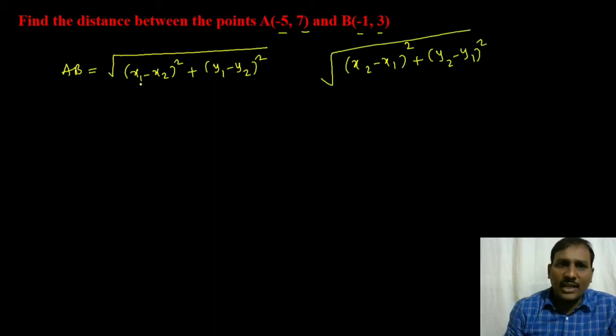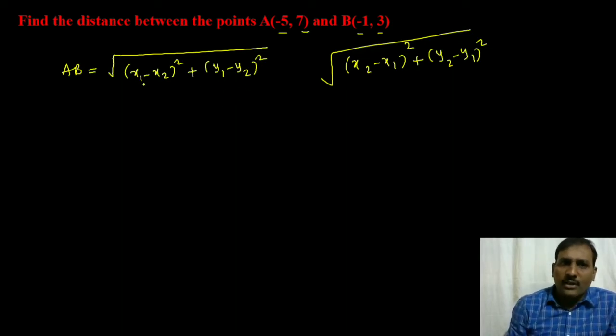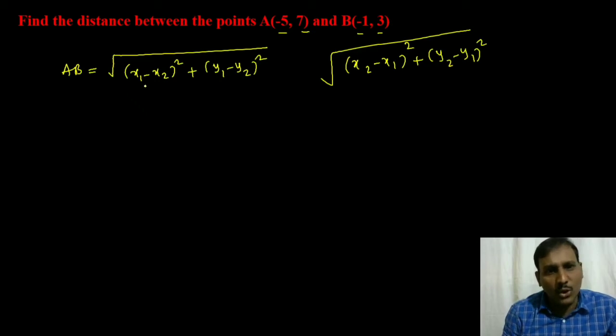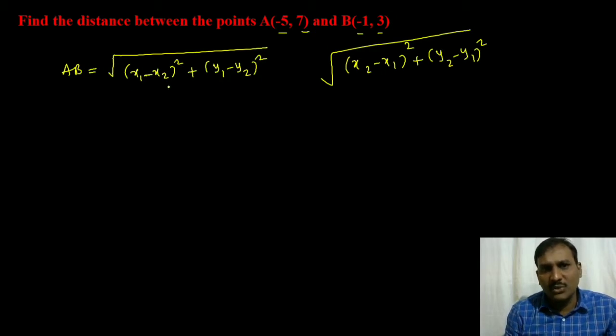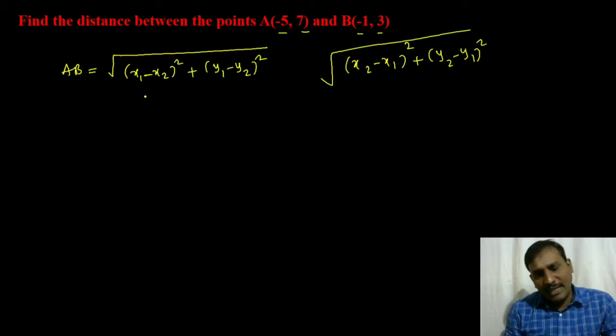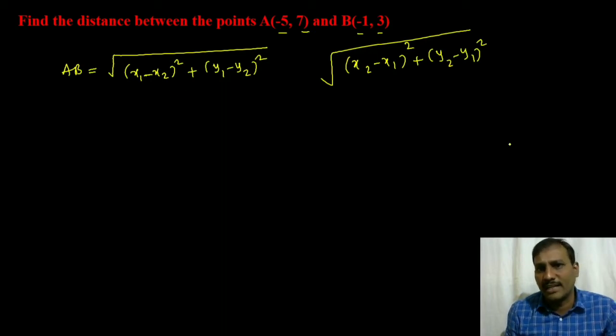But here I wrote (x1 minus x2) whole square plus (y1 minus y2) whole square. Am I confused? No. If you are confused like this, don't worry, it doesn't matter because we are squaring anyhow. Either it is x1 minus x2 or x2 minus x1, whether it is positive or negative, when you square, the value will be the same. So nothing to worry about when you write x1 minus x2 instead of x2 minus x1.